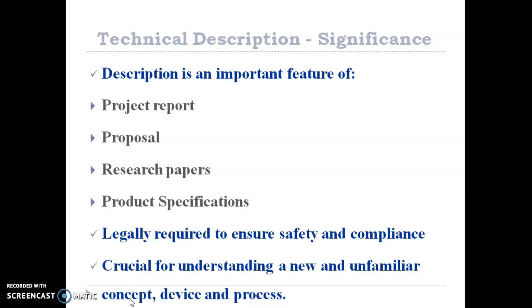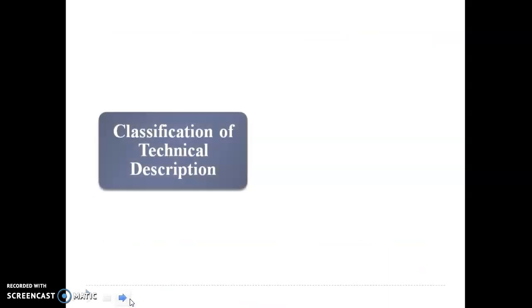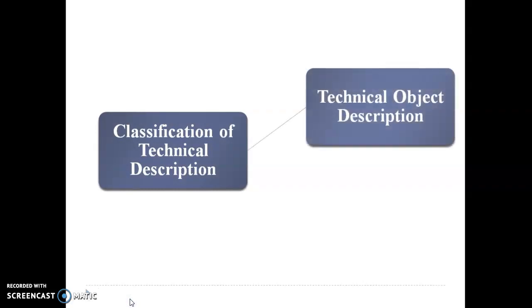All right, now let's learn about the classification of technical descriptions. So the technical descriptions have been classified into two categories. One, technical object description, which generally talks about different technical objects like instruments, tools, machines, mechanisms, and devices.